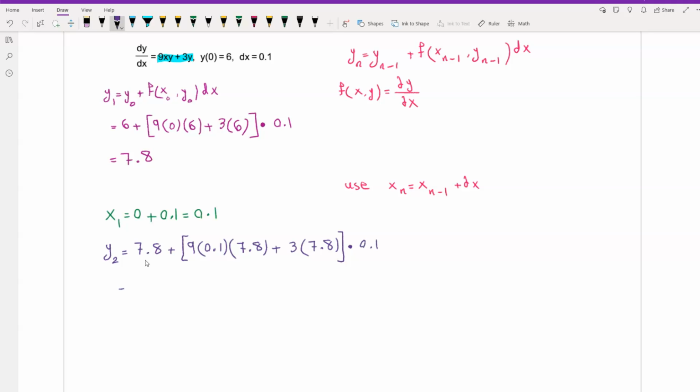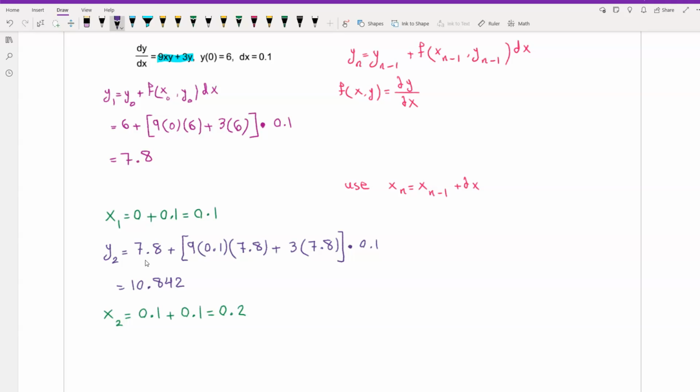So this is equal to 10.842. Now find the value of x2, which is equal to x1 plus dx. So that is equal to 0.2.